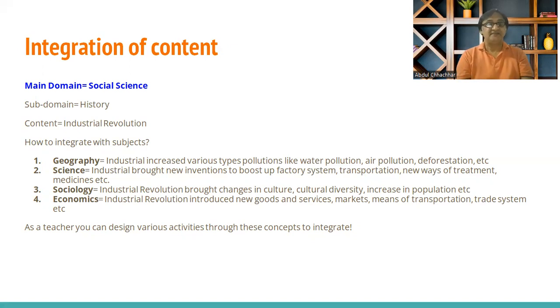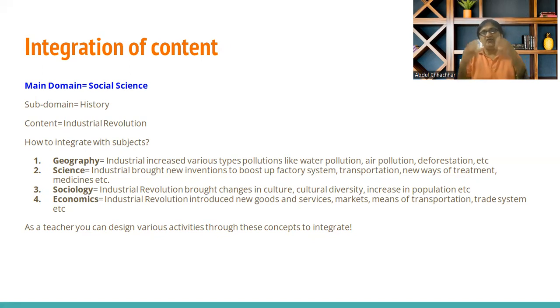Sociology: the industrial revolution brought changes in culture, cultural diversity, and increase in population. Again, you can design various activities. Economics: the industrial revolution introduced new goods and services, markets, means of transportation, and trade systems. This is also relating to economics.